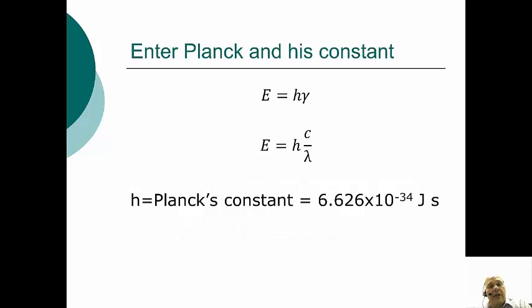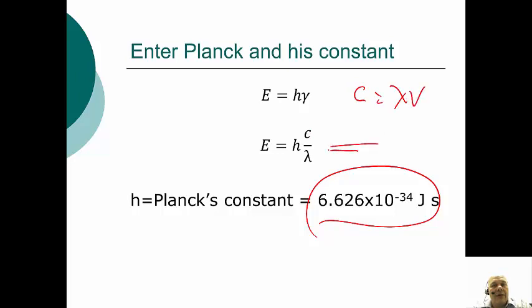And so the energy of the photon, which is given by the Planck relationship, where E is energy, h is Planck's constant, which is a physical constant of the universe, at least the part of the universe we've experimented with, 6.626 times 10 to the minus 34 joule seconds, and nu, the frequency of the light, which of course, since the speed of light is lambda times nu, could also be written in terms of the wavelength of light, c over lambda, where c is the speed of light.